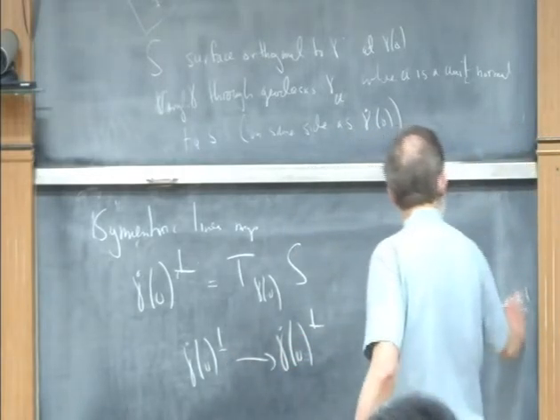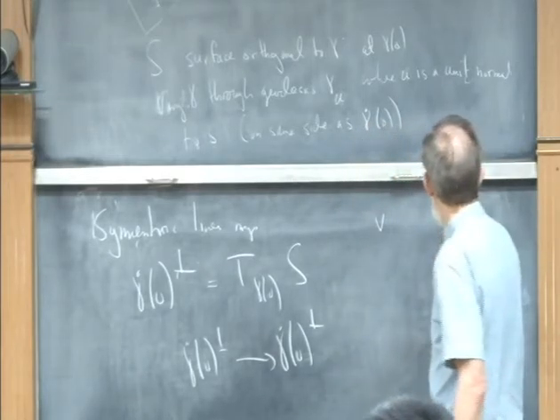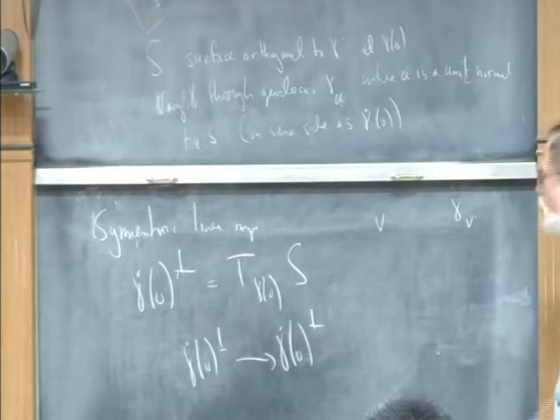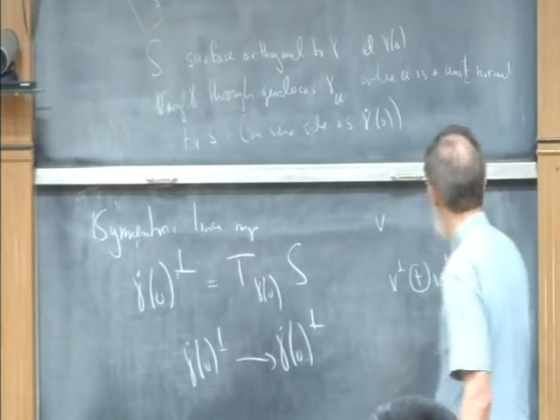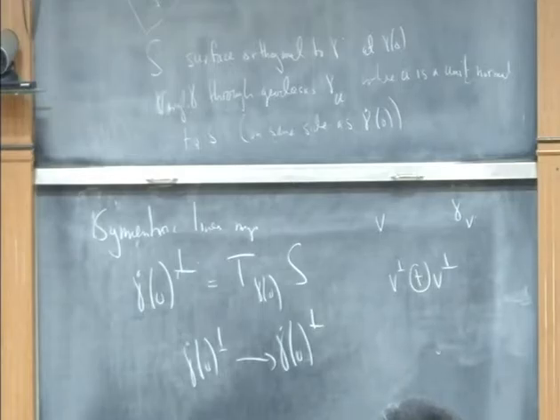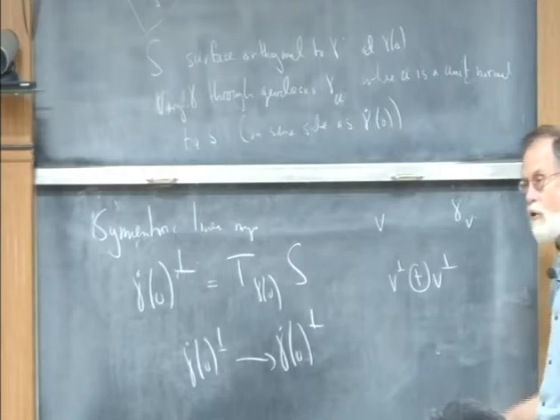So if I now think about some vector v, and the geodesic gamma v, and then I look at v perp plus v perp as a space of possible initial value or derivative for a Jacobi field.